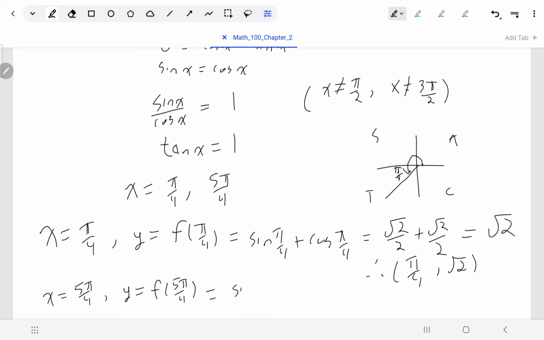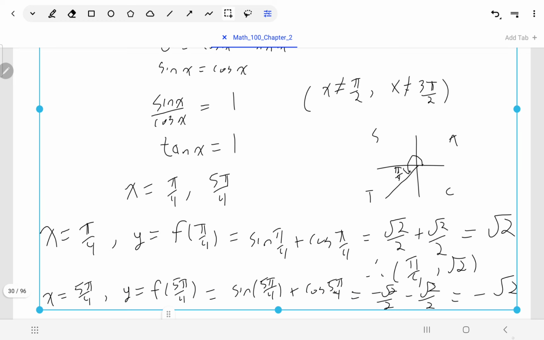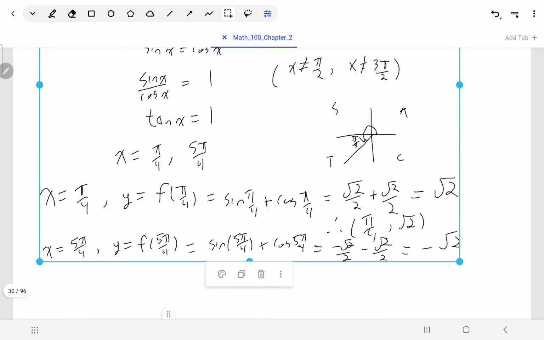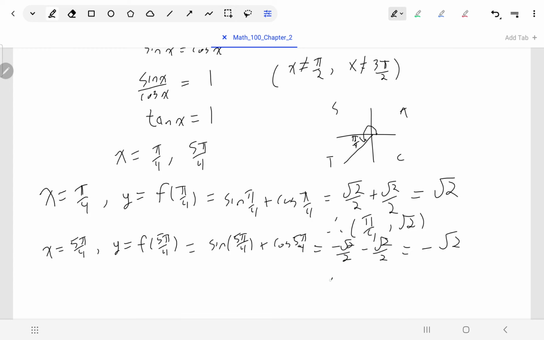And that would be sine of 5 pi over 4 plus cosine of 5 pi over 4, which is negative root 2 over 2 minus another root 2 over 2, or negative root 2. So that means that our second point happens to be 5 pi over 4, negative root 2.